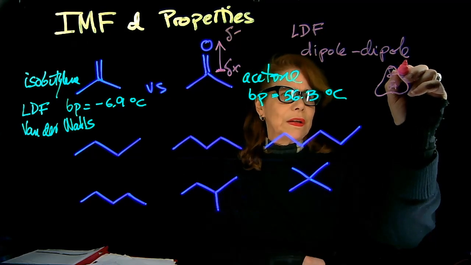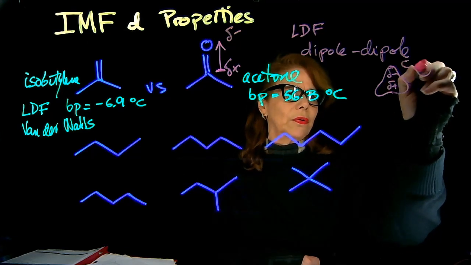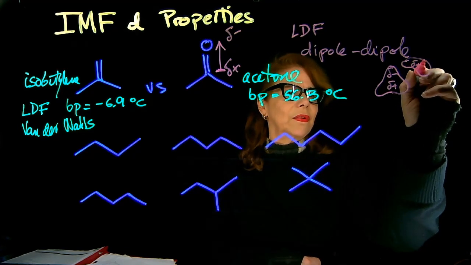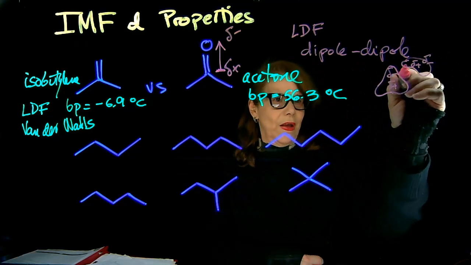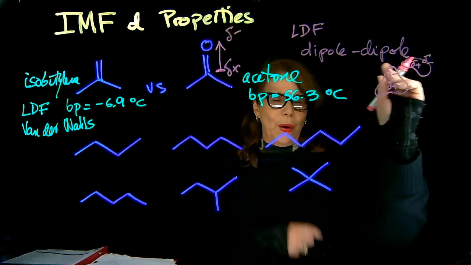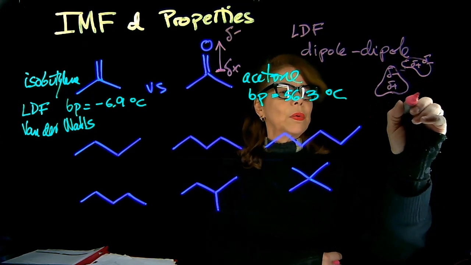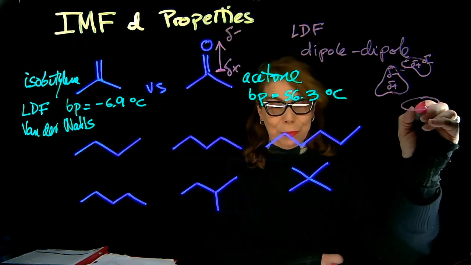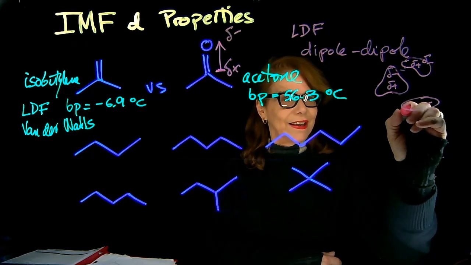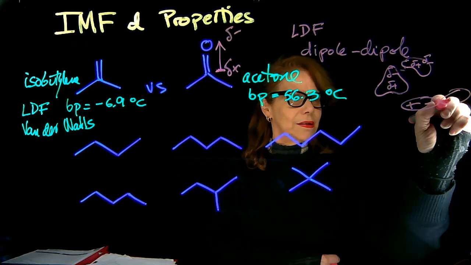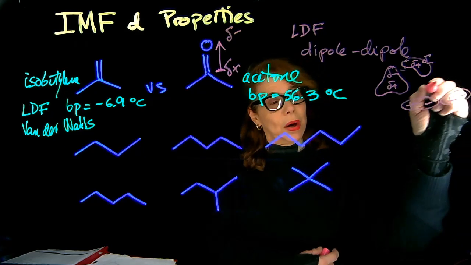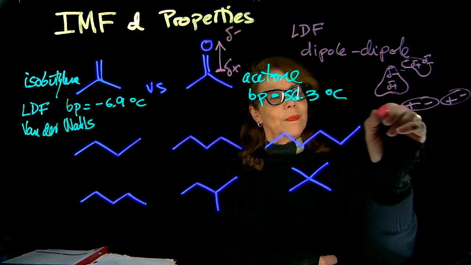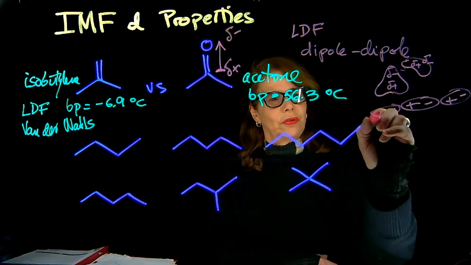We can definitely have other molecules organizing so that the negative is close to a positive. These are dipole-dipole interactions. We can simplify the drawing, say negative, positive, organized like so, following Coulomb's law. So these are stronger interactions.